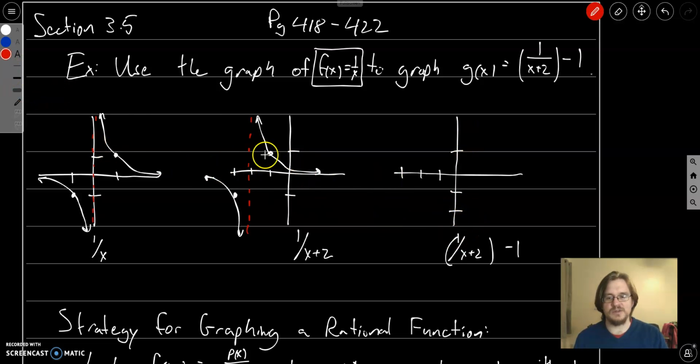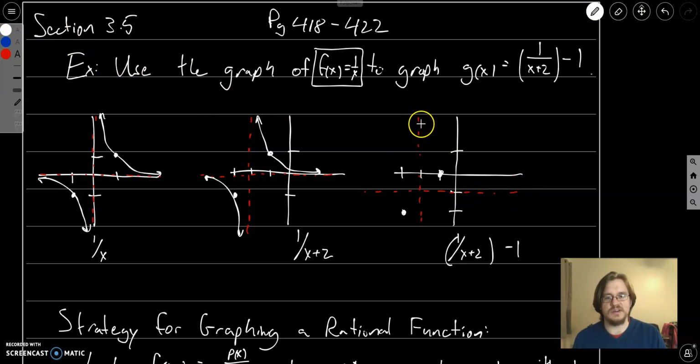The vertical asymptote, which was at negative 2, is still at negative 2. We've only shifted everything down. So this point here, which is at negative 3, 1, is going to be at negative 3, 2. This point here, which was at negative 1, 1, is now going to be at negative 1, 0. And the horizontal asymptote, which had been at 0, is now shifted down 1.